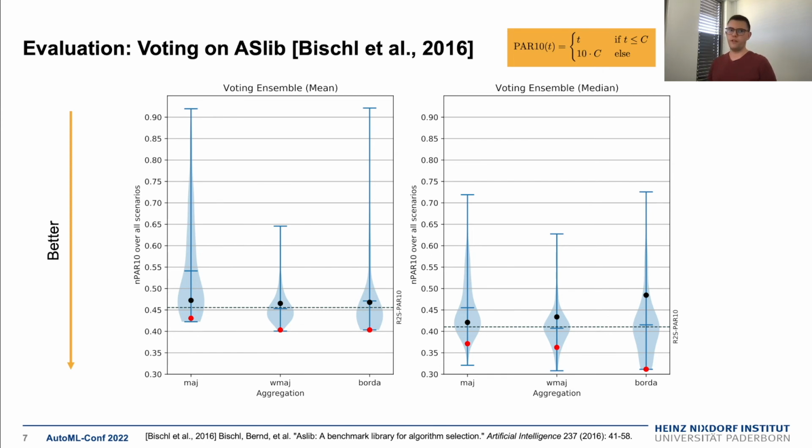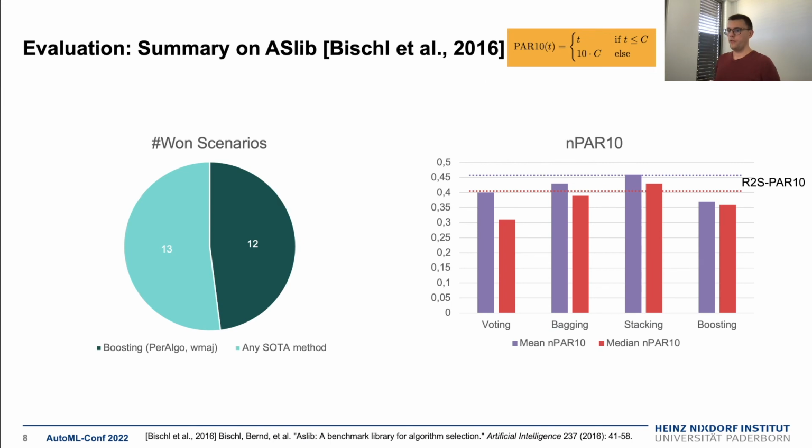So really nice result. And to summarize, we actually analyzed how many scenarios our strongest ensemble learning approach, in this case boosting, actually wins against all of the SOTA methods, and this is the case for almost half of the scenarios, namely 12 of 25.